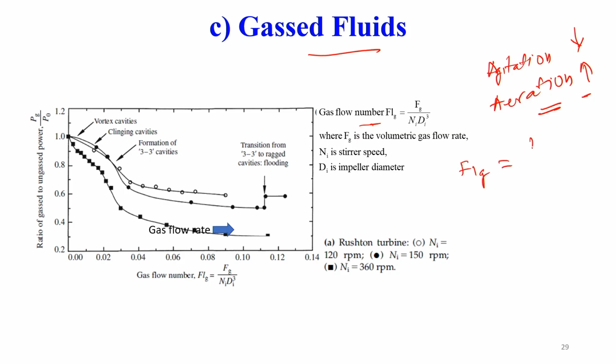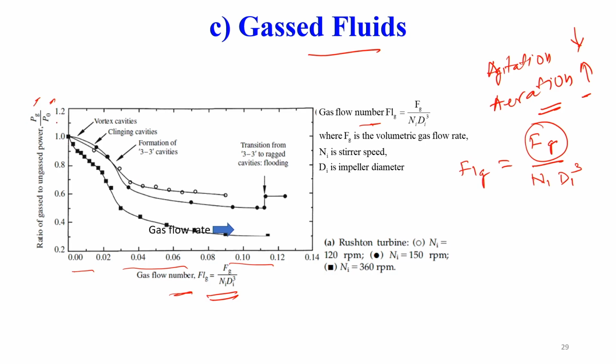FLG is defined as the volumetric gas flow rate divided by stirrer speed into impeller diameter cube. So here you just see gas flow number versus Pg, the power requirement in the gassed system, divided by P naught, the power requirement in the ungassed system. The flow number is coming because of the volumetric gas flow rate. You can just see that as the flow number is increasing, there is a decrease in the Pg upon P naught value.